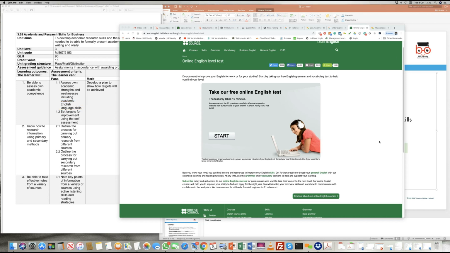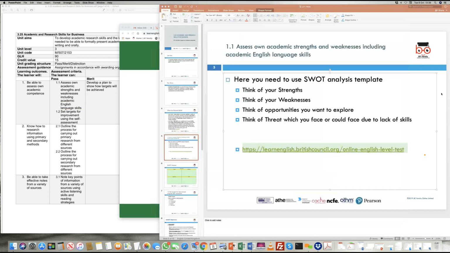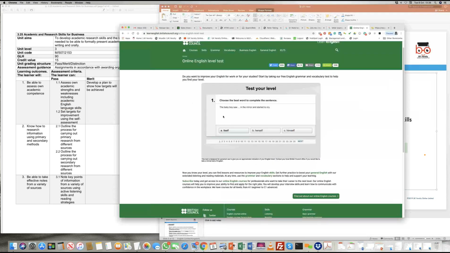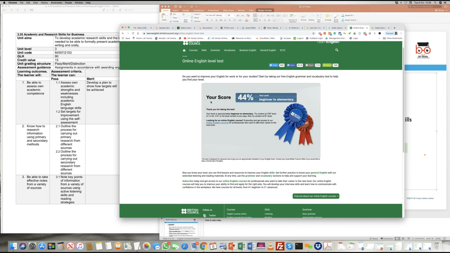Yes, okay. And then once you've done this, what you have to do is take a screenshot. So when I start the test, as you can see, I will fill this up by answering the questions. But towards the end, I will get a result. So at the end of the test, for example, if I answer a few questions just randomly, as you can see, it tells me that my English is beginner to elementary, right?